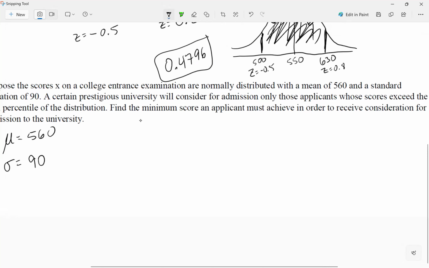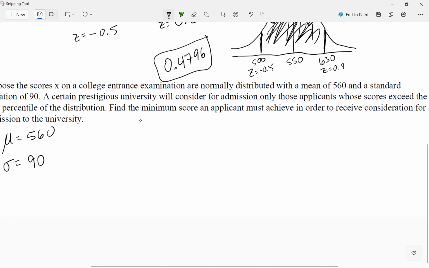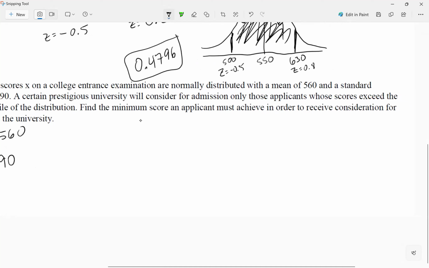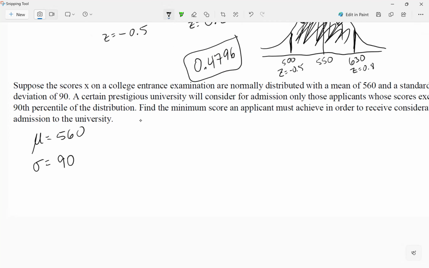A certain prestigious university, so they're kind of picky on their scores, will consider for admission only those applicants whose scores exceed the 90th percentile of the distribution.